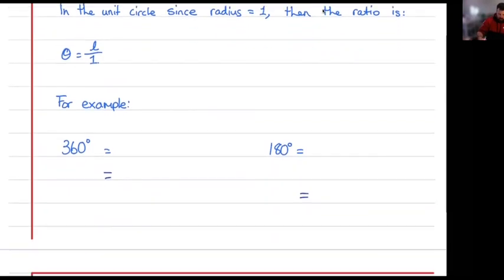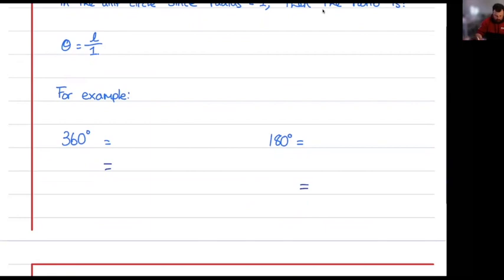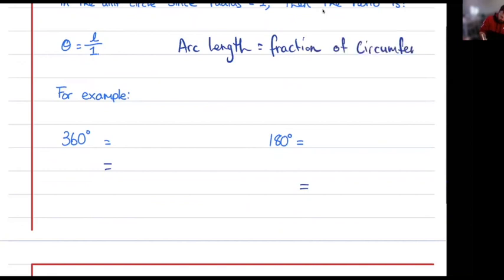So let's look at an example here with 360 degrees. Arc length, if we just remember, is just a fraction of the circumference. And the circumference of a circle is just 2 pi r.